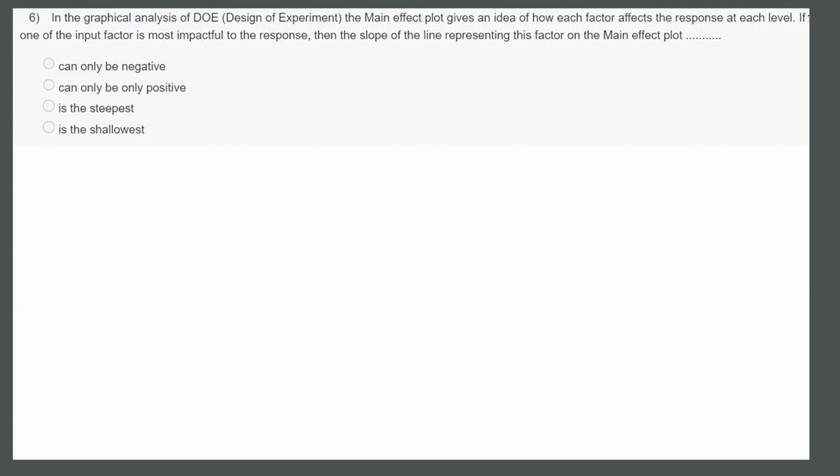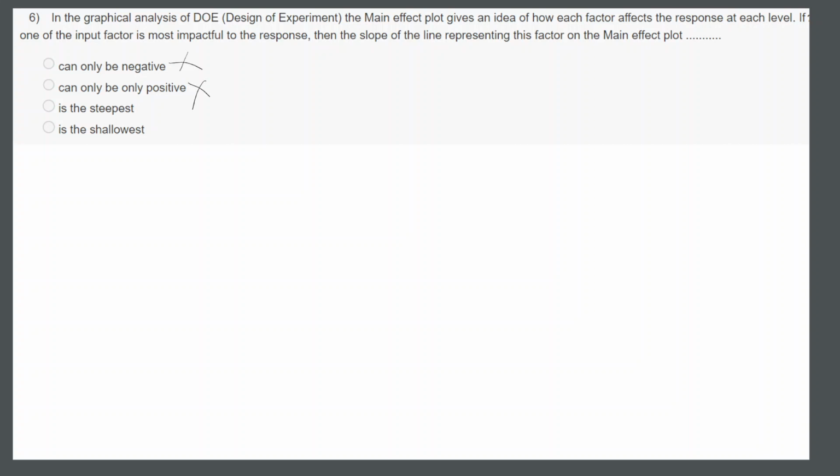In graphical analysis of design of experiments, the main effect plot gives an idea of how each factor affects the response at each level. If one of the inputs is most impactful to the response, the slope of the line representing this factor in the main effect plot can only be negative? It's not correct. Can only be positive? Also not correct.